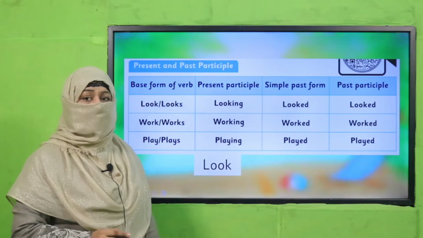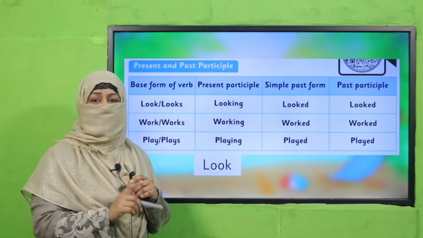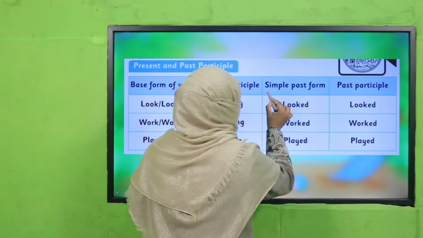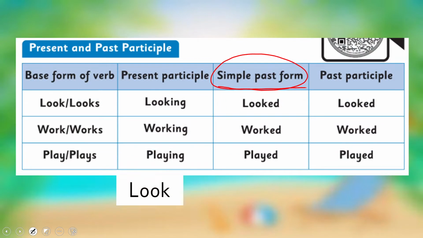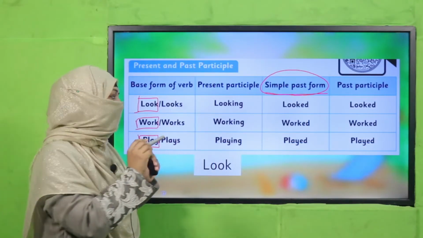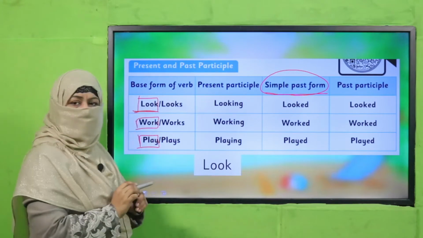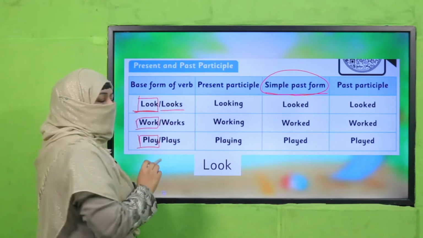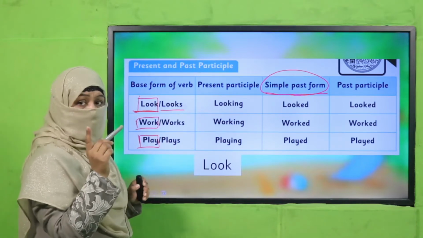Then in previous lectures, we have already discussed simple past forms. I hope you remember. And teachers, kindly, for this activity, we have to stick with regular forms of verbs, so we will not talk about irregular. So how do we do, children? This is the base form of the verb which we use in simple present tense, depending upon the subject. It can be look or looks. I hope you remember.